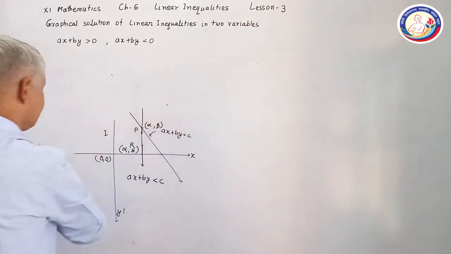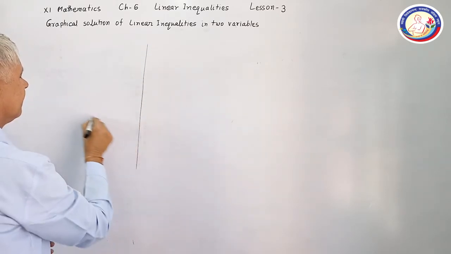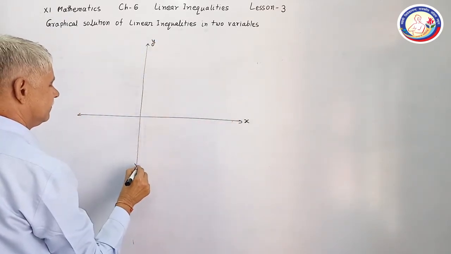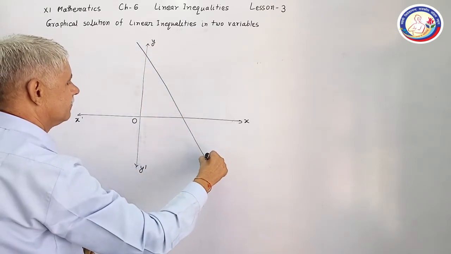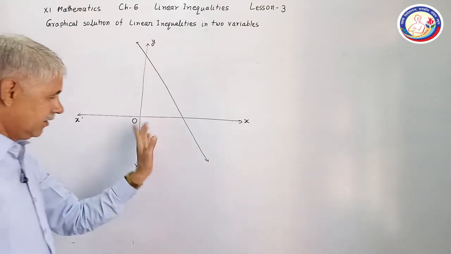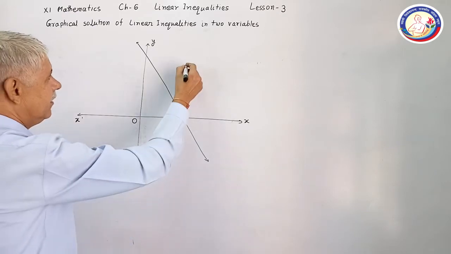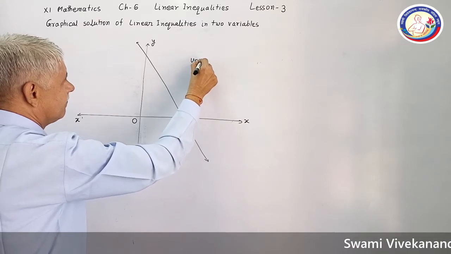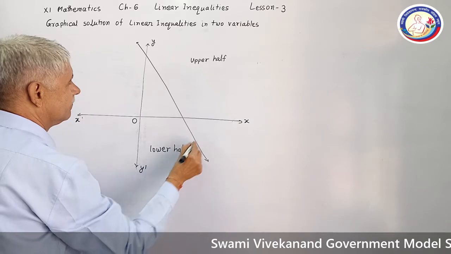If there is a line in a plane, say this is a Cartesian plane, O is the origin here, this is a line, say, and it is not passing through the origin. For any line not passing through the origin, the origin will lie in either the upper half plane or the lower half plane. And this is the lower half plane.